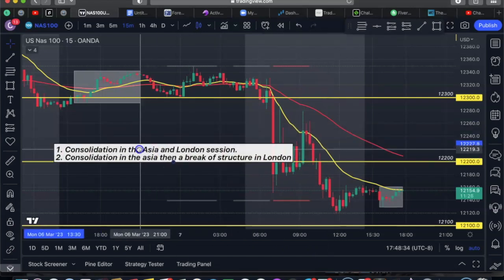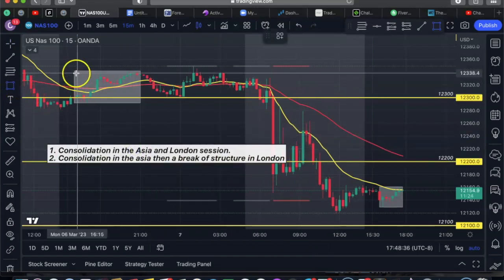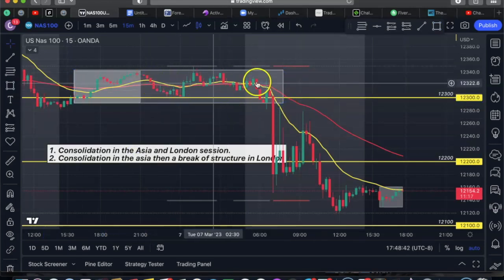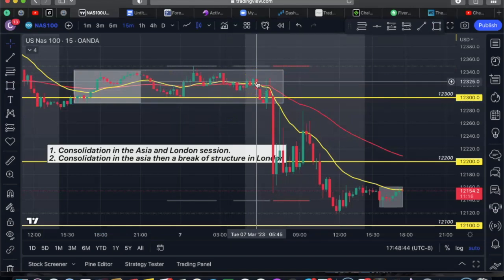Just like we can see here, we have this consolidation from the Asia to the London, even into the beginning of the New York session. Notice how it's consolidating. I want to see some type of break to give me confirmation that it's going to go in a certain direction. So I honestly probably would have entered on this candle.